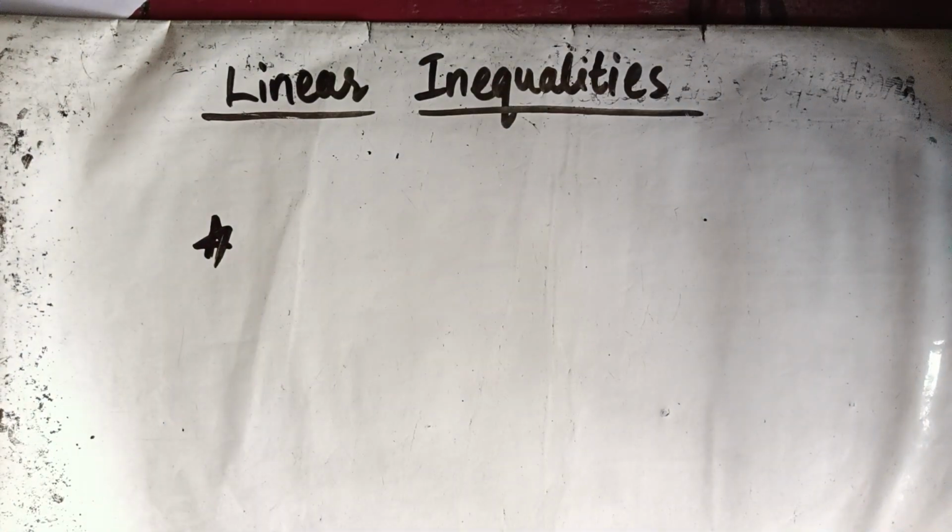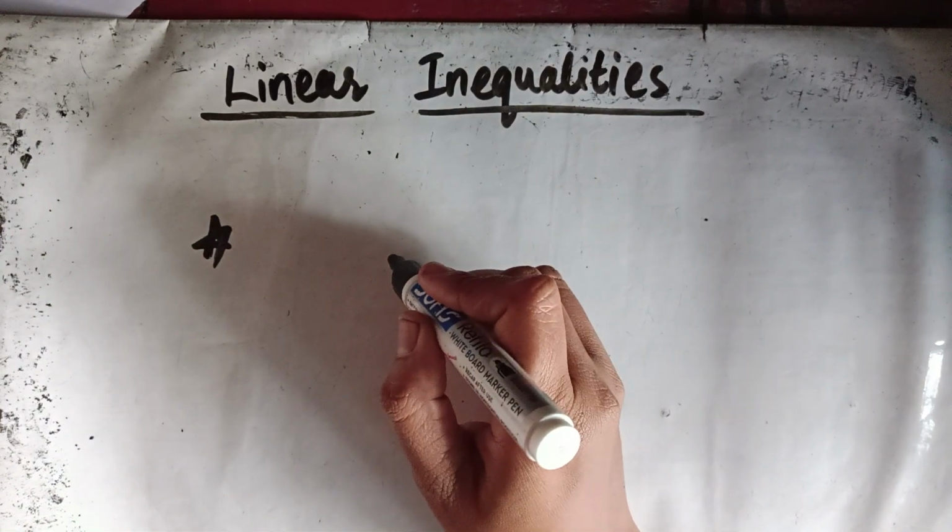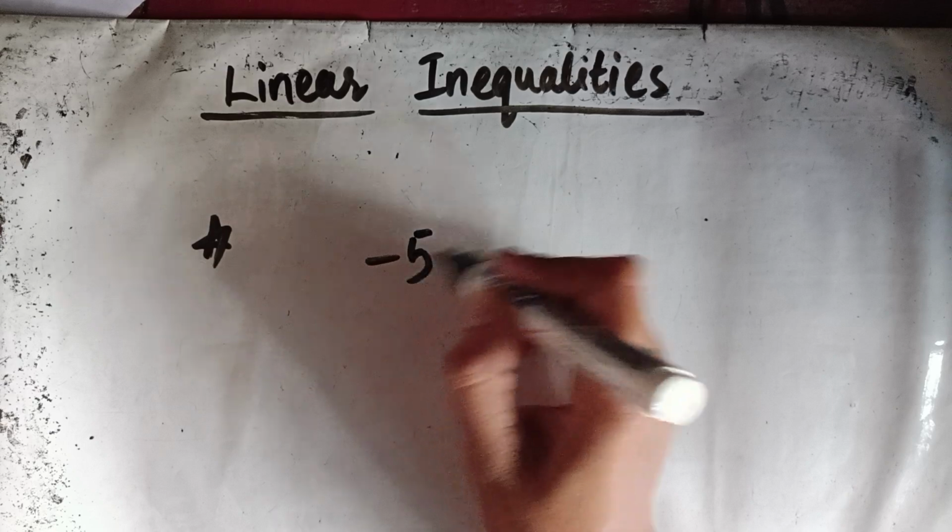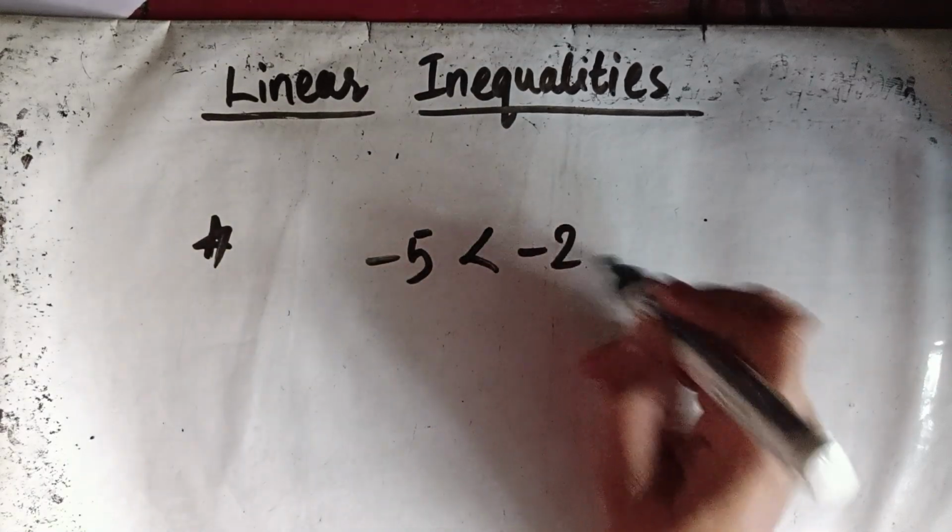There is one more thing that is very important, that is the sign of the inequality is reversed when both the sides are multiplied or divided by a negative number. Suppose we have -5 is less than -2.